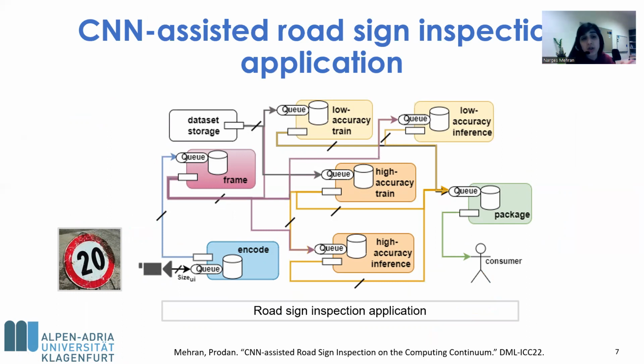So we try to encode firstly this video stream with high resolution, and then through the framing we try to make the video into a smaller frame. It depends on the quality of the video. Maybe at the end the sizes would be different, and then we would apply some sort of machine learning based applications. Firstly, we would train the model based on a specific data set.